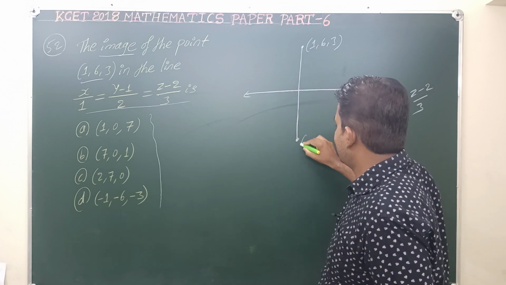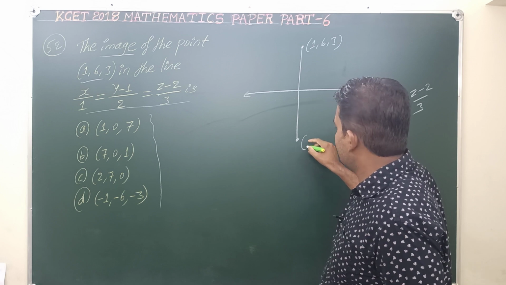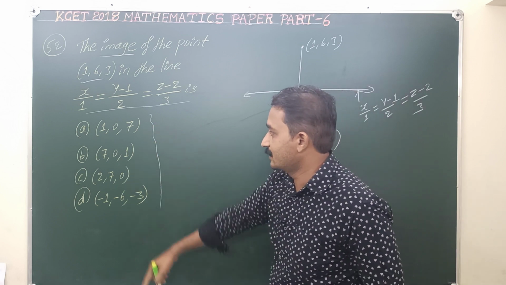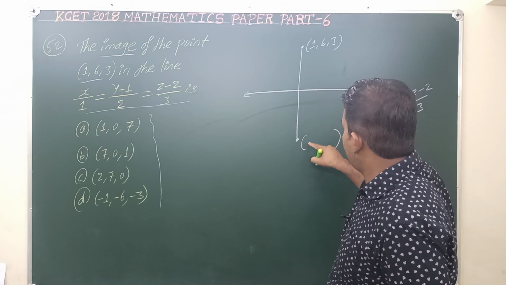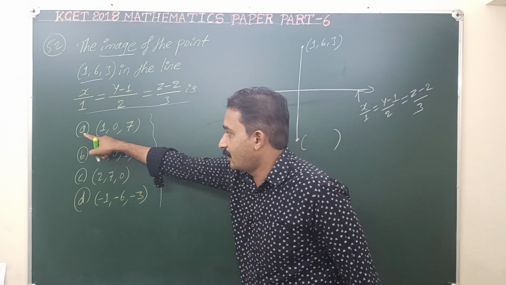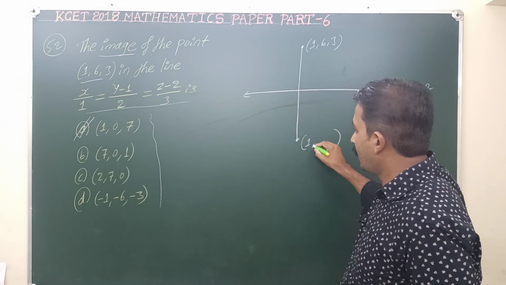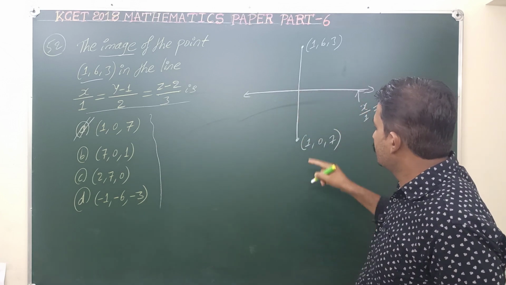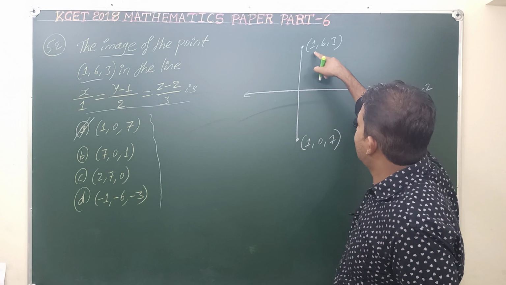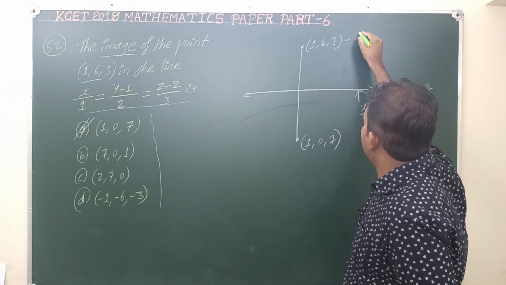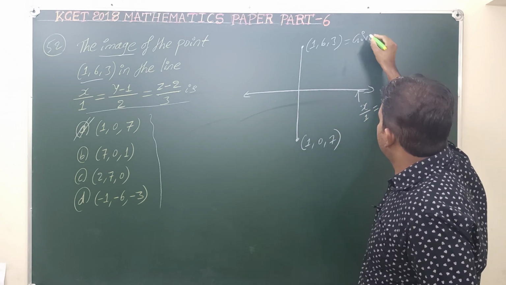These are the options, whatever they may be. If we take the first option A, option A is correct in this case. We take option A, 1, 0, 7. So this is the image of this point, this is given, this is required.